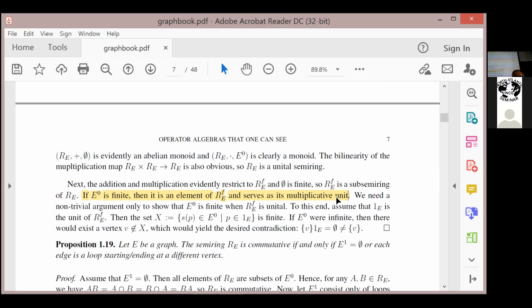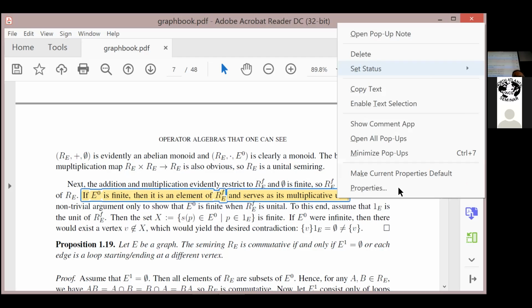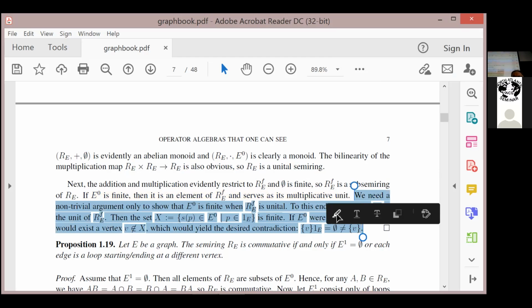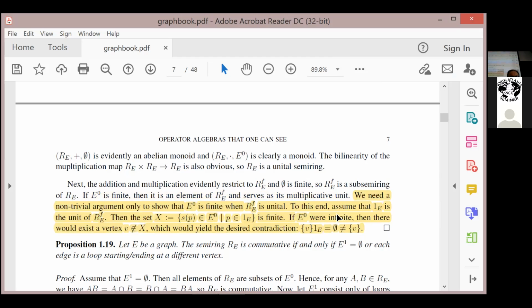And now there's the only non-trivial argument in the whole proposition, which I think is cute, and you argue in precisely the same way with path algebras, as you will see in a short while. Now we want to prove that E0 is finite when the restricted semiring is unital. That's the implication which is not so completely trivial. So to this end, we assume that RFE is unital and 1E is its unit.